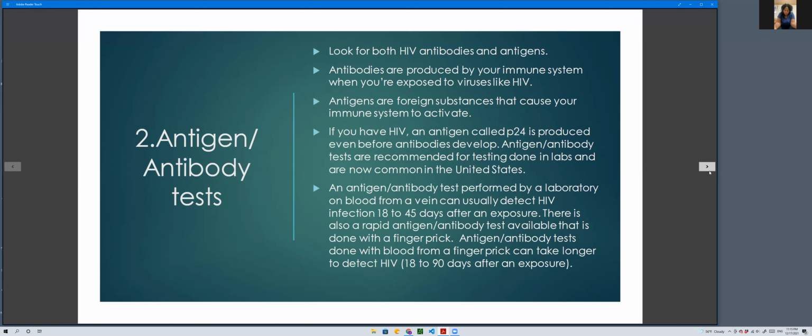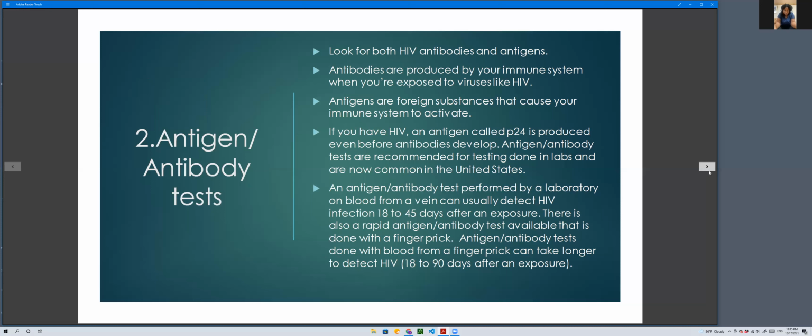Antigen antibody tests are recommended for testing done in a lab and are now common in the United States. An antigen antibody test performed by a laboratory on blood from a vein can usually detect HIV infection 18 to 45 days after an exposure.